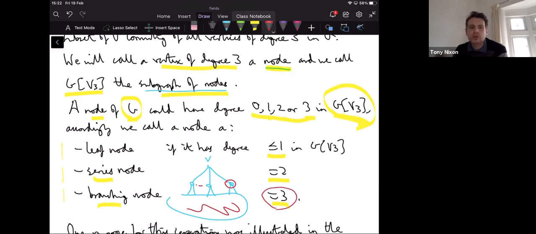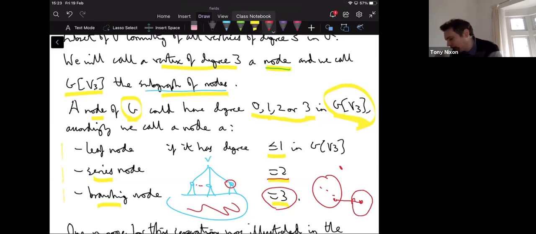We need to find a node that's in one of the other cases, but it also means, for technical reasons, that there's a bad node here, with some blocking set, and we find something else here that's a node. But if it was a series node, it might be that it has a neighbor over here. Maybe this is not such a useful picture, but just to complete the sentence anyway, don't worry about it if it's not so clear. We had a bad node, which was bad because of a blocking set, and then you picked a different node elsewhere.